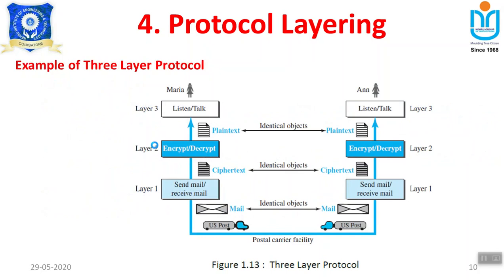What is the meaning of this first principle? For example, here there are two modes, listen mode and talk mode. So if Maria is in talk mode, then Anne should be in the opposite, that is listen mode. So here Maria is going to use the encryption mechanism, Anne is going to use the decryption mechanism. Maria is going to send a mail, then Anne is going to receive a mail.